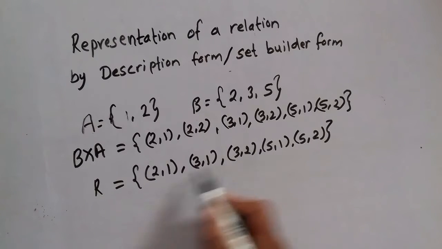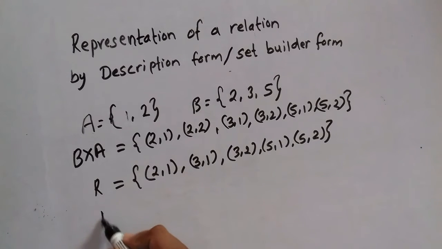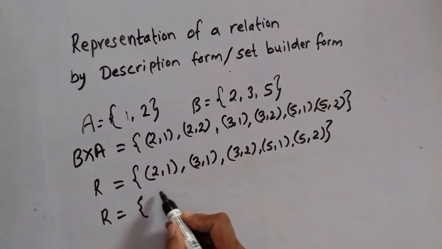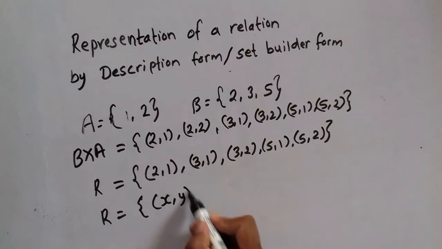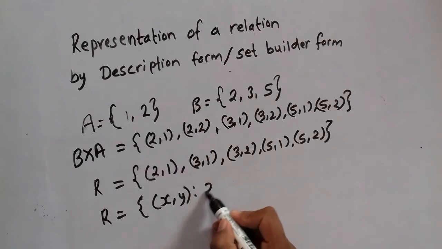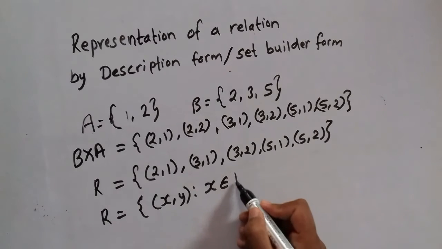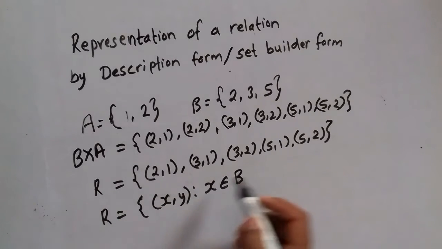Now this we have written in set of order pair form. Now we are going to write the same relation in descriptive form. For this we write same as before (x, y) such that x belongs to, your first set is B, so you have to write here B. For this much I have shown you another example.